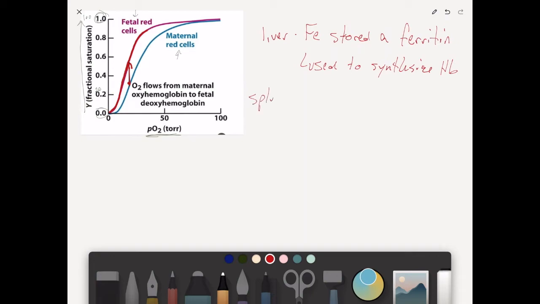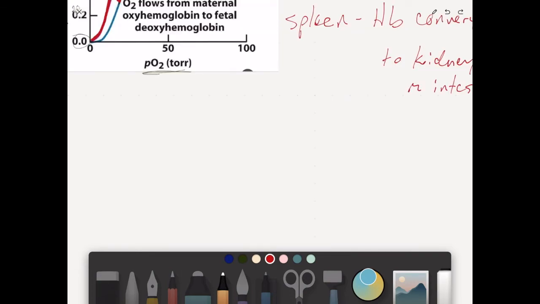And in the spleen, which is primarily responsible for breaking down and recycling red blood cells, hemoglobin is converted to bilirubin. And bilirubin is excreted either by the kidneys or the intestines. So a very devastating disease that results from deformations in the hemoglobin protein is called sickle cell anemia.